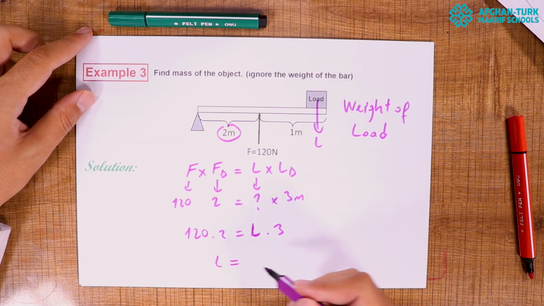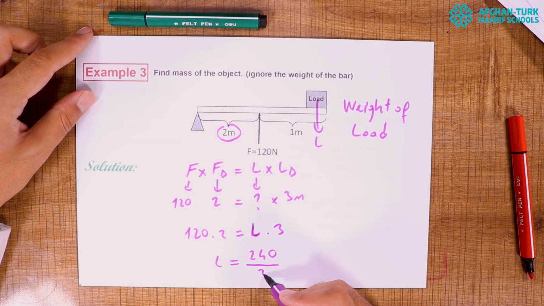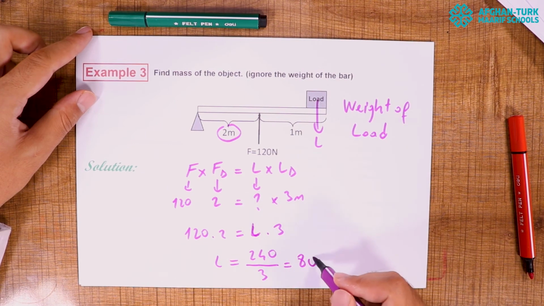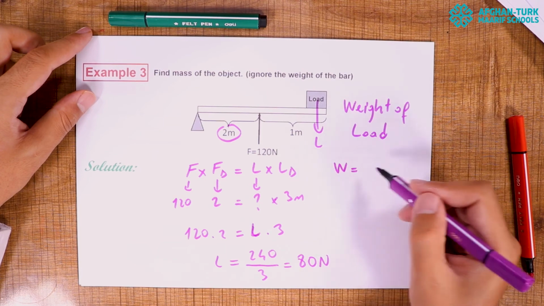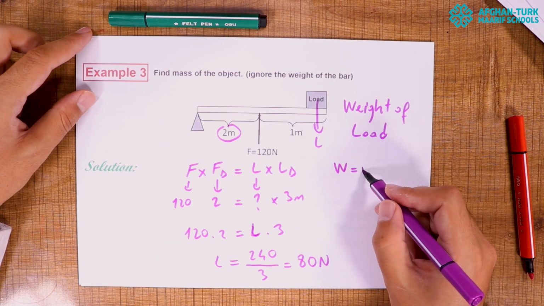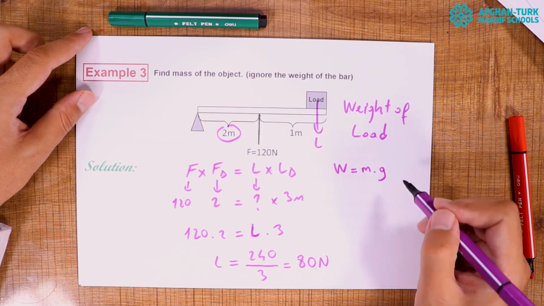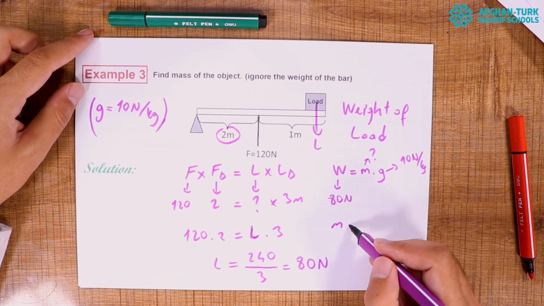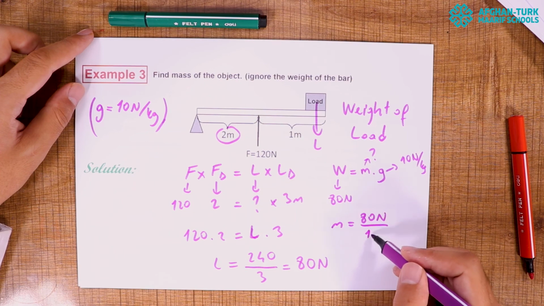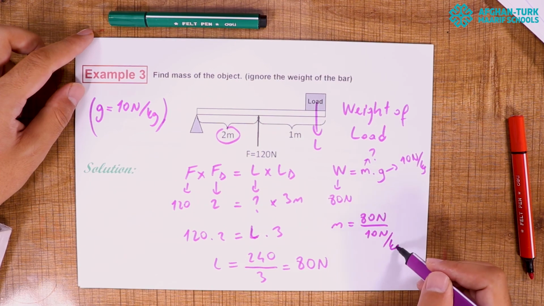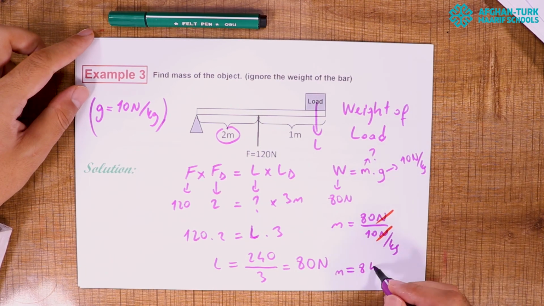And load is equal to 240 divided by 3, and that's equal to 80 Newton. If you remember the formula of weight, weight was equal to mass times gravity. So mass is equal to 80 Newton divided by 10 Newton per kilogram. Mass is equal to 8 kilogram.